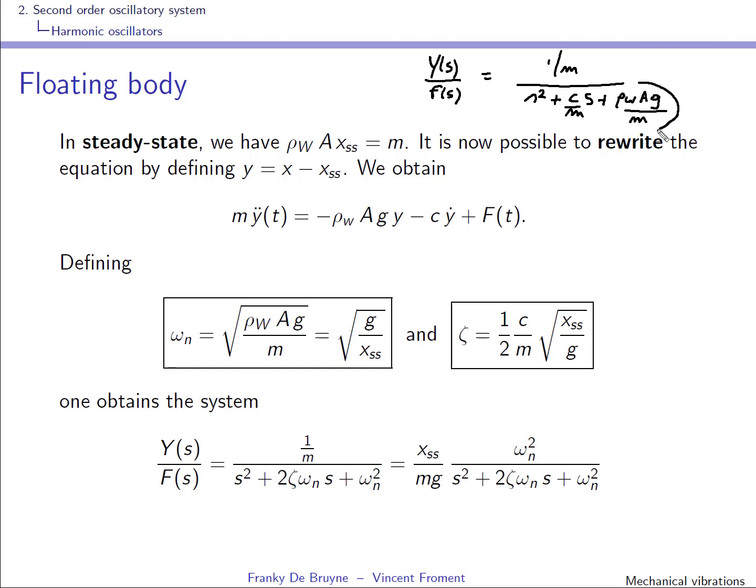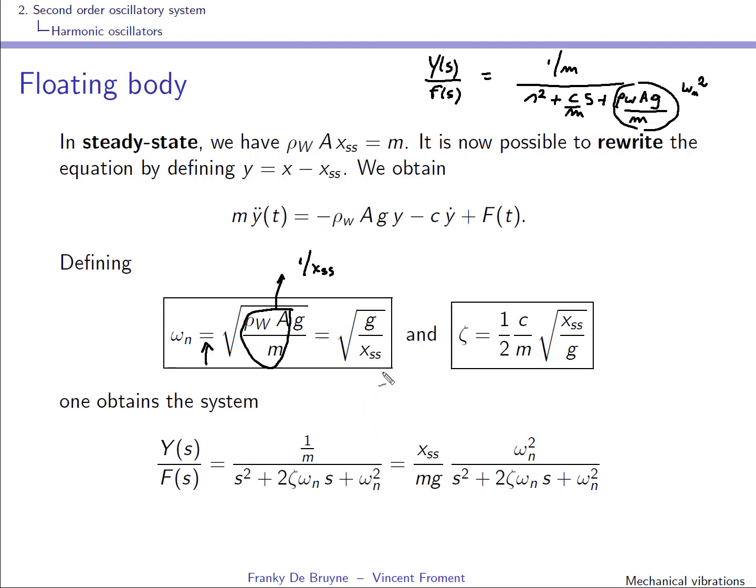So this as usual will be defined as the natural frequency squared, and this gives you this equation here, right? But this thing here we can write it differently, because this quantity here, well, you can write it as 1 over x steady state, right?